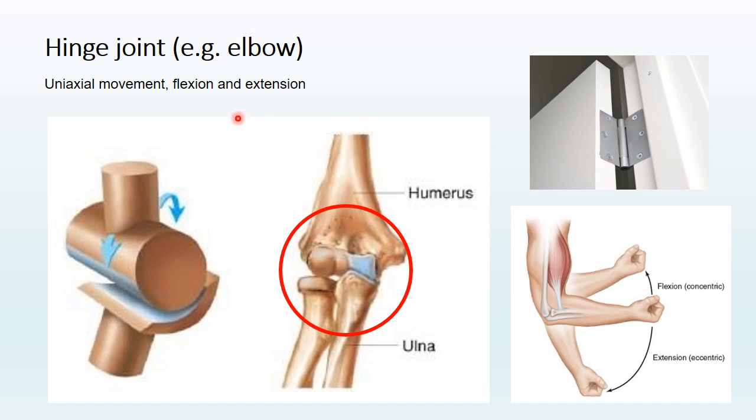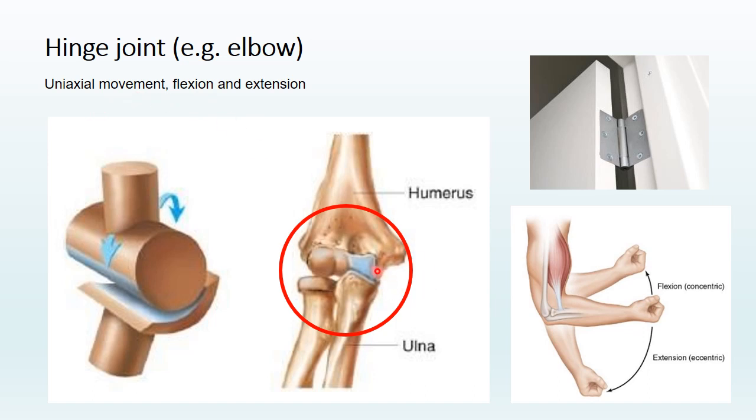The second type is called hinge joint, and hinge means the joint of the door. The shape of the articulating surfaces: one of the surfaces is cylinder-like, while the other is a concave surface to fit the cylindrical surface of the other bone.